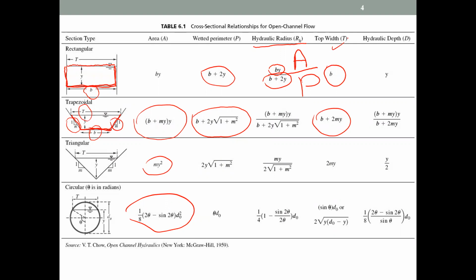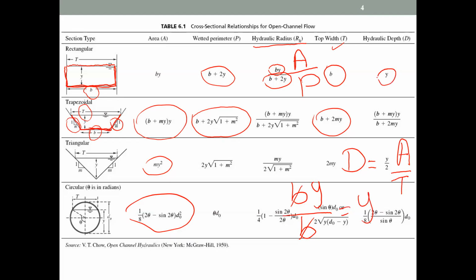And hydraulic depth, the definition is that the hydraulic depth, that is D, is equal to the area divided by the top width that we have here. For example, if it is a rectangular section like this, area is equal to by, the top width is equal to b, so b and b cancel, and it is equal to y.